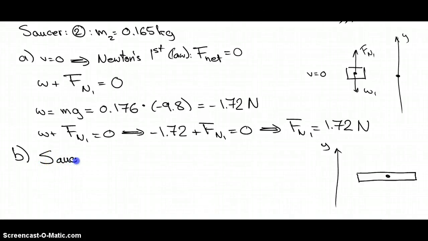Okay, so for the saucer, what forces are acting on it? There's the weight of the saucer, W2, because I called this object 2. There is the normal force by the table on the saucer. Let me make it a little bit larger. Okay? I don't know how large it is yet, so it doesn't matter how you draw it.